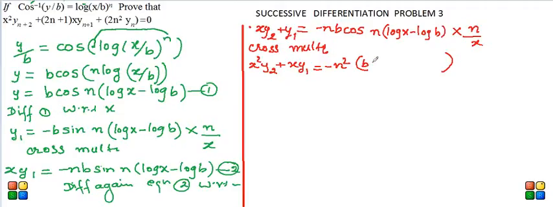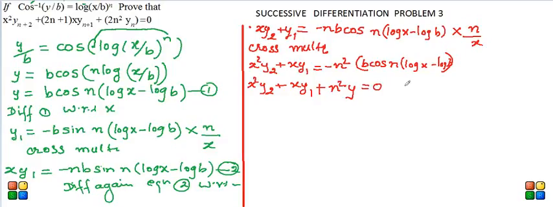So we got x square y2 plus x y1 is equal to, this minus comes this side, so this becomes plus n square y equal to 0. Let this be equation number 3 for us.